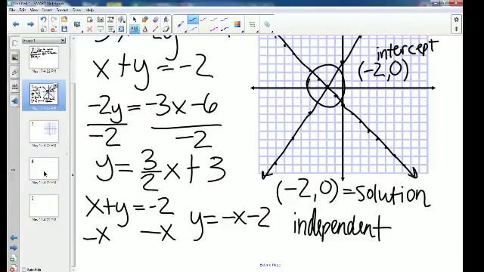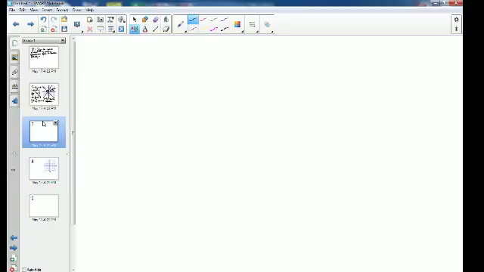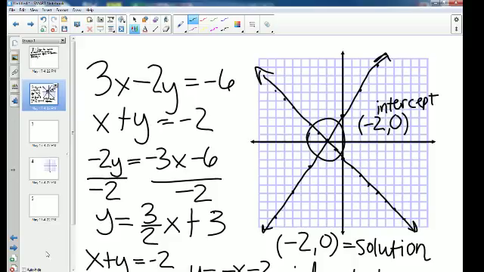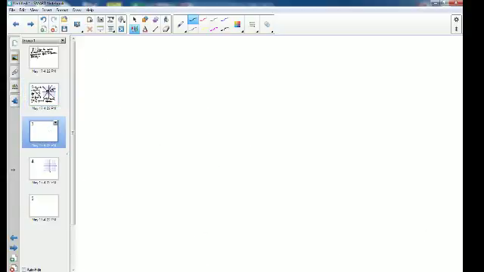When I talked about it being independent, systems are not always independent; they can also be dependent or inconsistent.